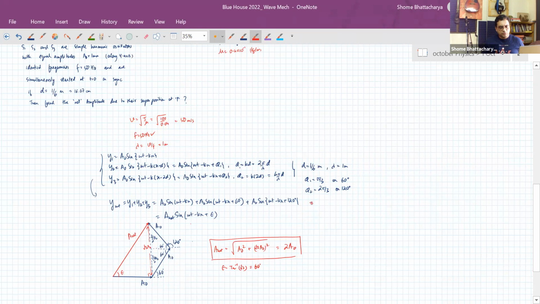You can write this as a naught sine alpha plus 60 plus sine alpha plus 120, where alpha is omega t minus kx. Okay. And then you can take these two terms together using the sine A plus sine B formula and all that. But as I said, it will be easier to just work it out this way.